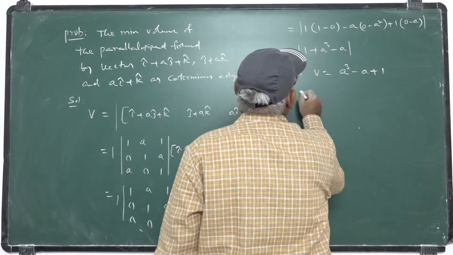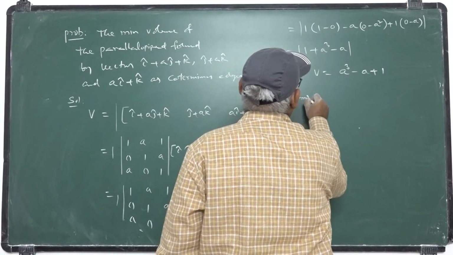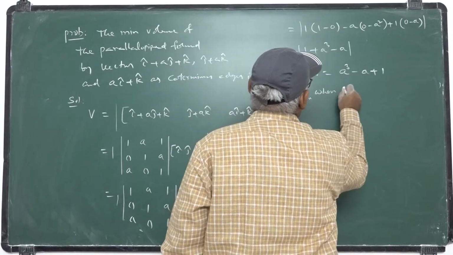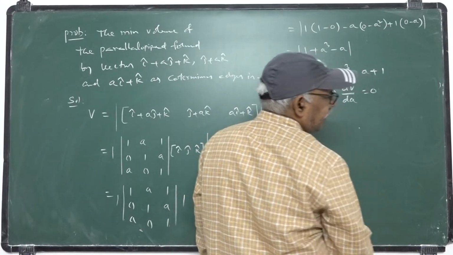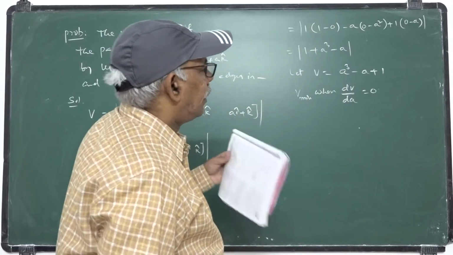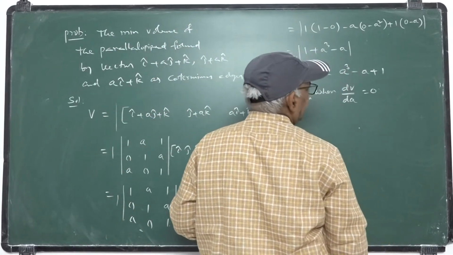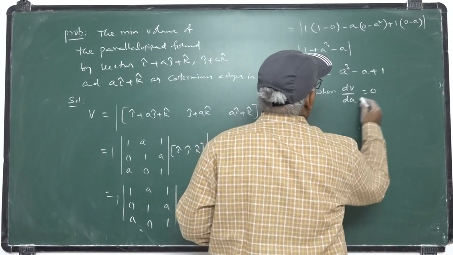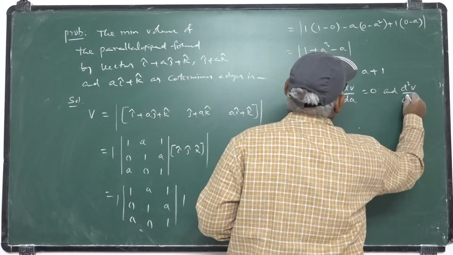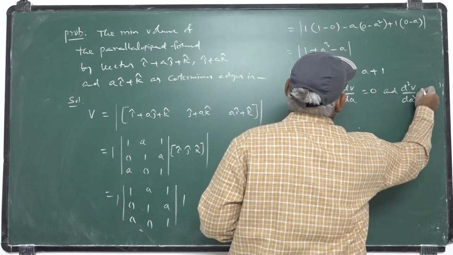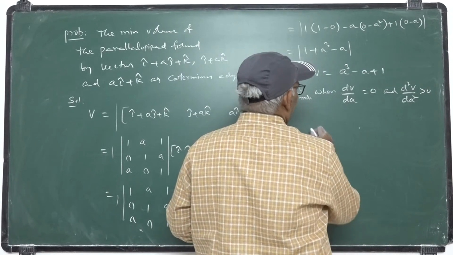Minimize this V. V is minimum when the first derivative is 0, as per minimum and maximum of a function in a single variable, dV by dA is 0, and the second derivative d square V by dA square is positive.